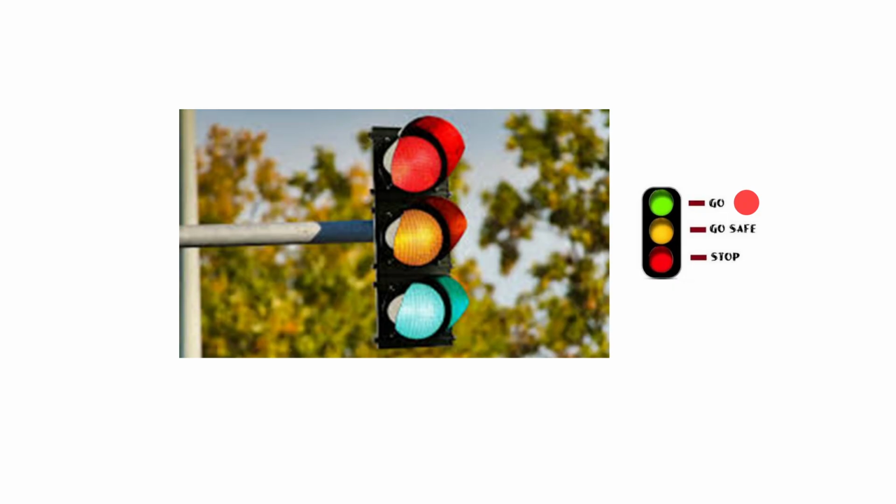You can go. The way is clear for you. But if you see amber, it says that you're supposed to get ready to move. And if you see red, you need to stop your vehicle and wait. This is a very nice example of a signal.